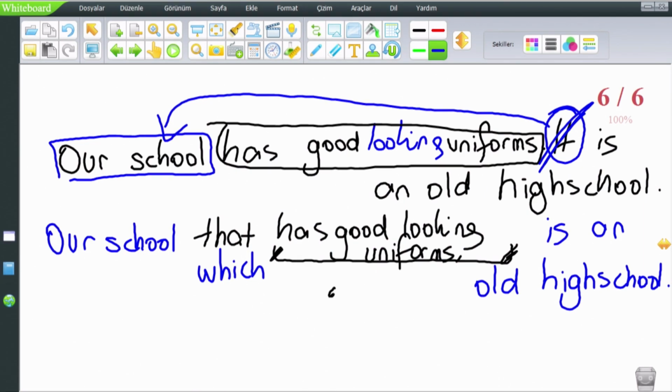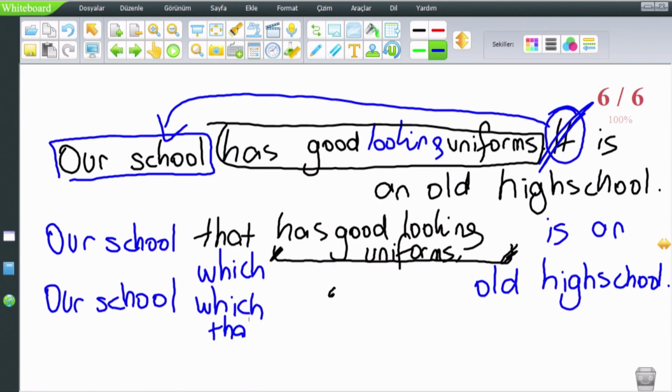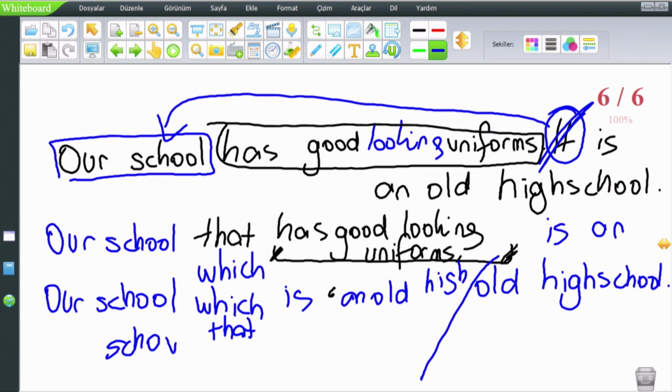Let's do the reverse one. Our school, which again, or that, is an old high school, has good-looking uniforms.